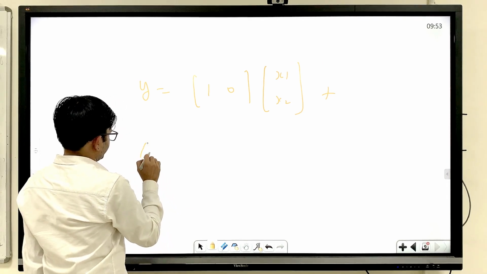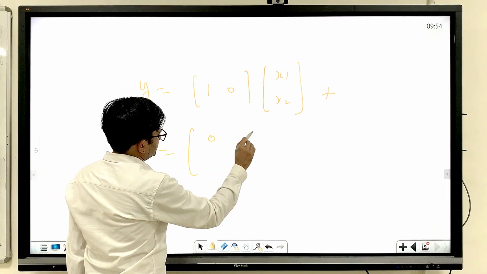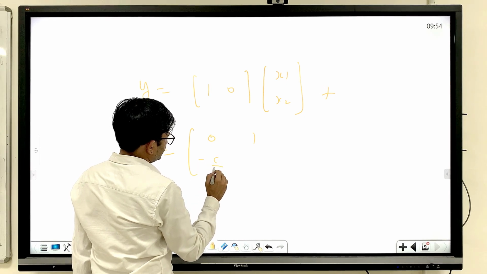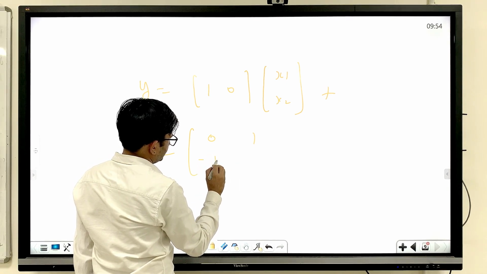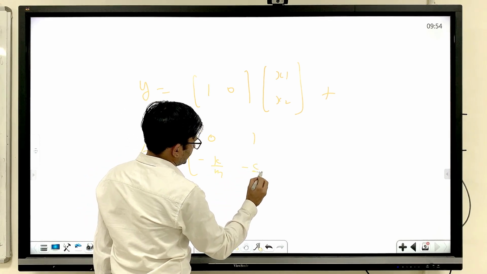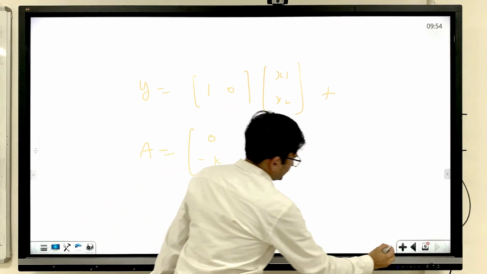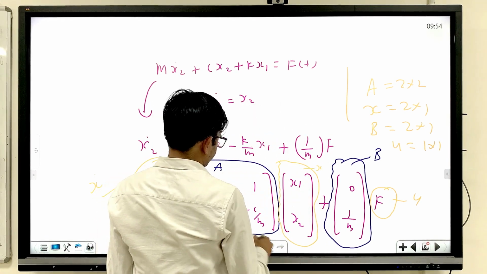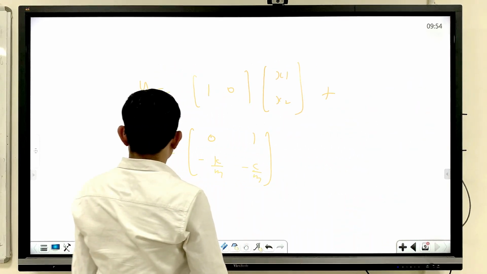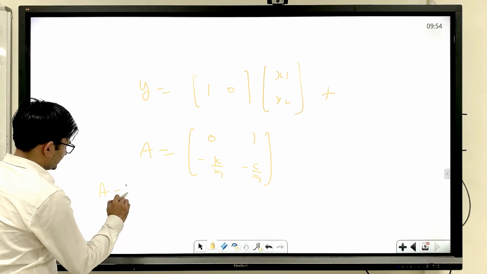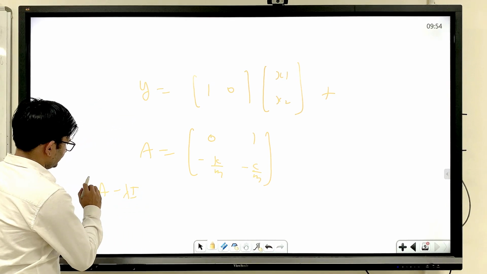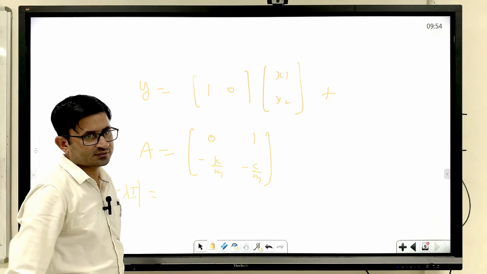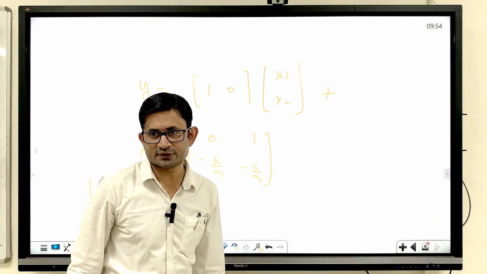What is the A matrix here? A matrix is 0 1, minus k by m, minus c by m. This is the A matrix. Lambda I minus A is the characteristic. Let's say lambda is the root of this characteristic equation.